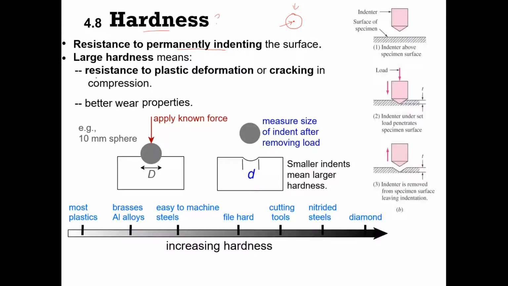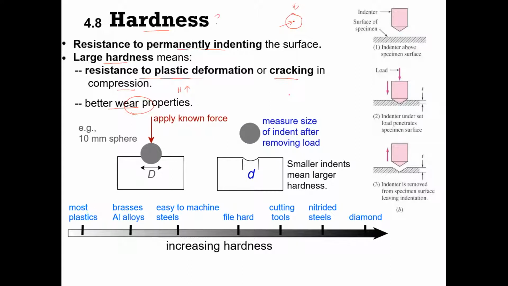Larger hardness means resistance to plastic deformation or cracking in compression. Hardness can be an indication of wear properties: if the hardness is higher, we can assume better wear properties.